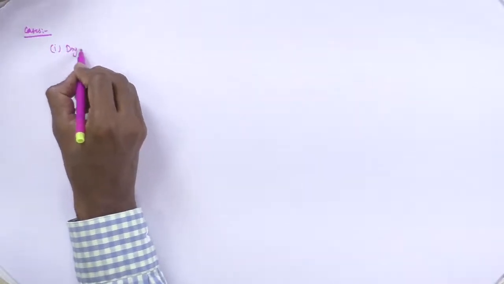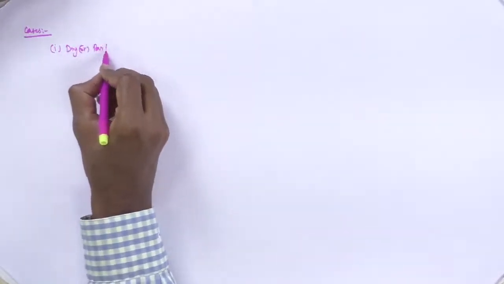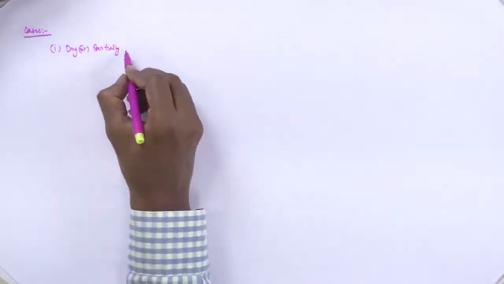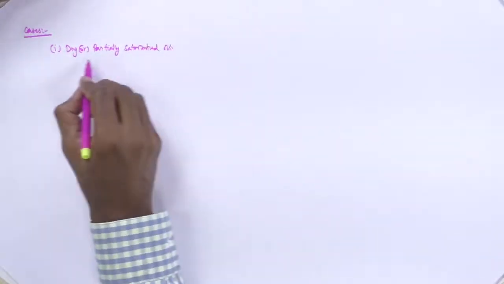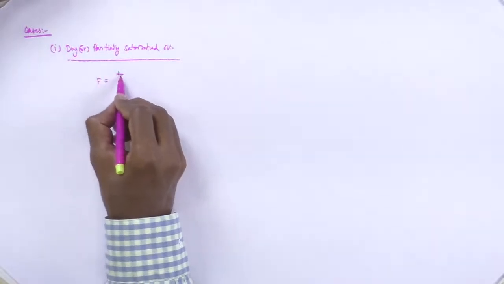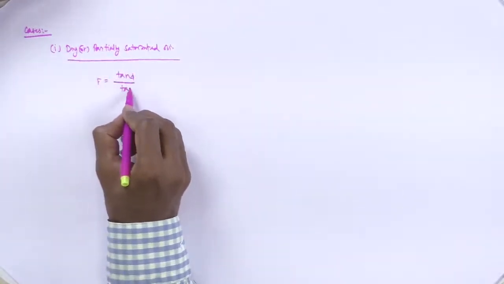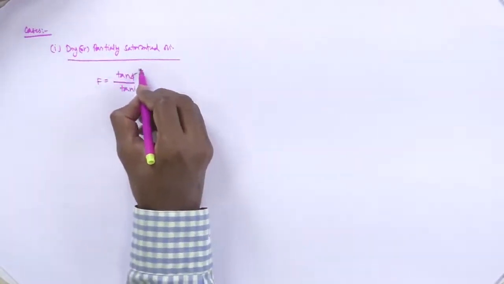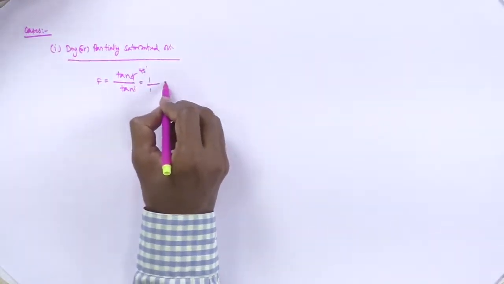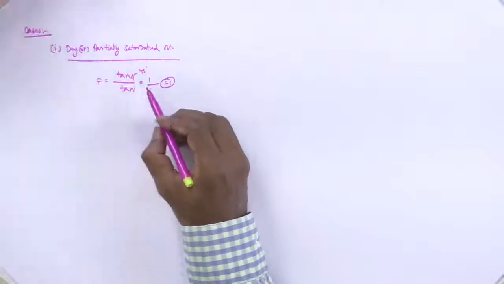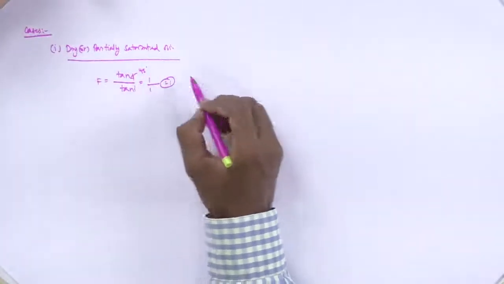By the way, we have some different cases. This is for a dry or partially saturated soil sample. We get factor of safety equals tan phi divided by tan I. When phi equals 45 degrees, this is going to be 1 divided by tan I, and tan 45 degrees is 1, so it is a critical slope. When phi equals I, there is going to be a critical slope, as I explained earlier.